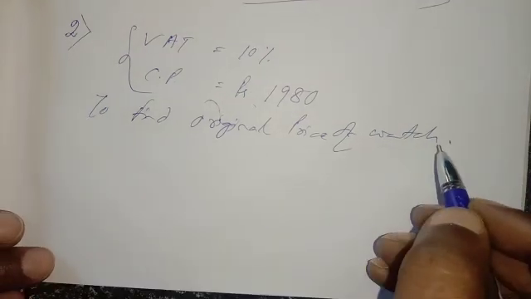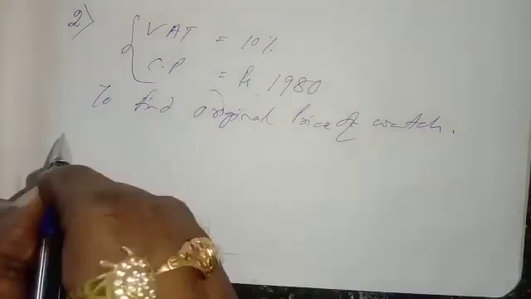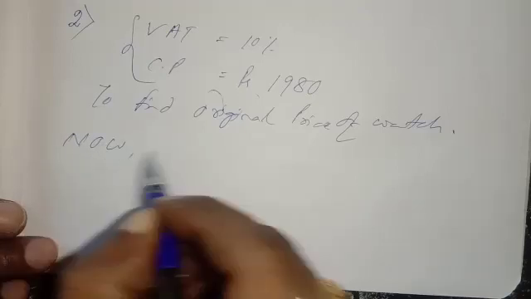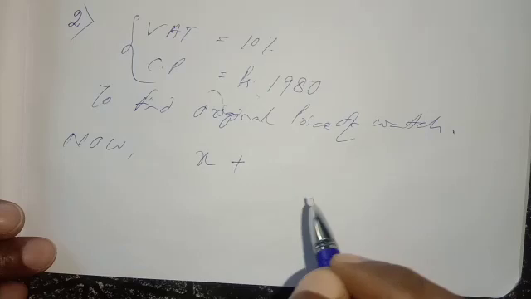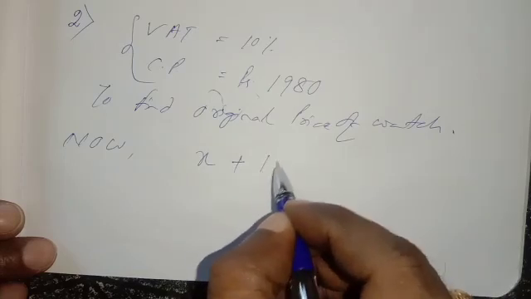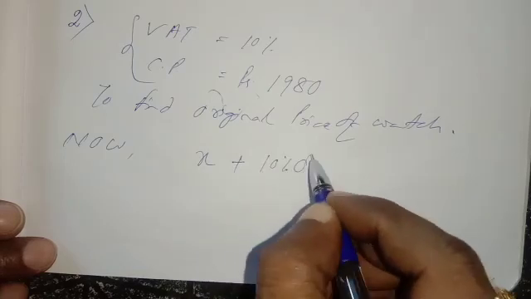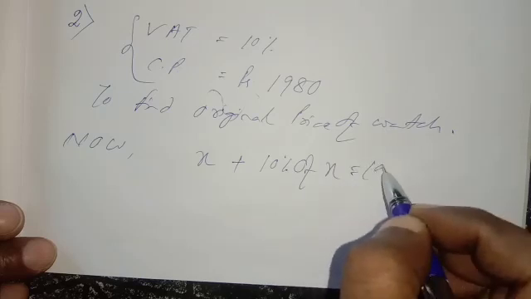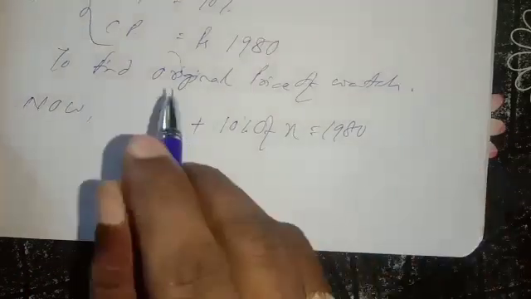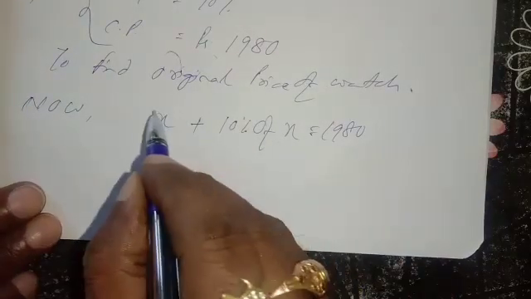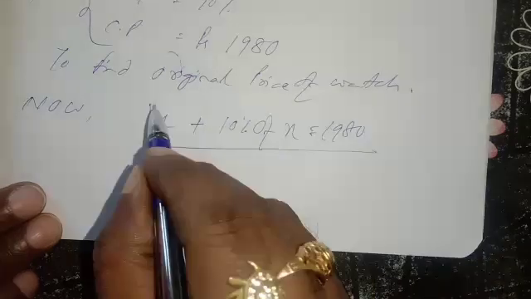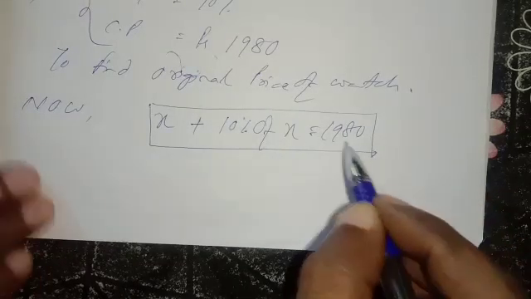So let the original price of the watch be X. Let the original price of the watch be X. Then plus VAT, VAT means 10% of X, equal to 1980. I think it is clear. The original price I have taken as X. Original price plus VAT, that is 10% of X, is equal to 1980.